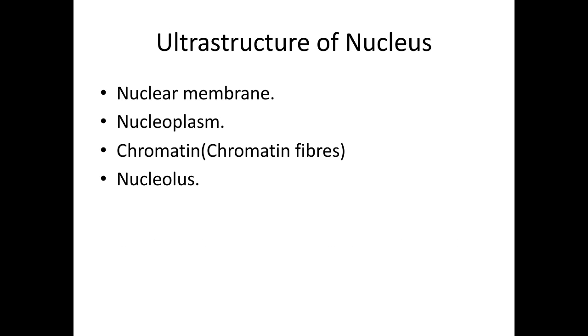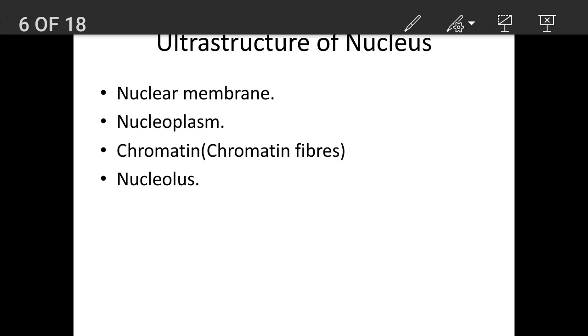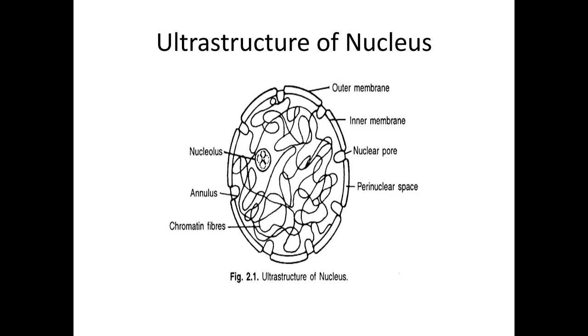Ultrastructure of nucleus. The ultrastructure of the nucleus consists of the following parts: nuclear membrane, nucleoplasm, chromatin, and nucleolus. In the diagram, it consists of two membranes, the outer membrane and the inner membrane.